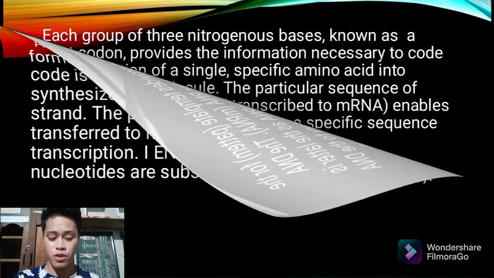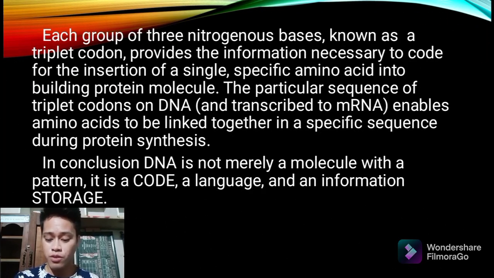Each group of three nitrogenous bases, known as the triplet codon, provides the information necessary to code for the insertion of a single specific amino acid into a building protein molecule.